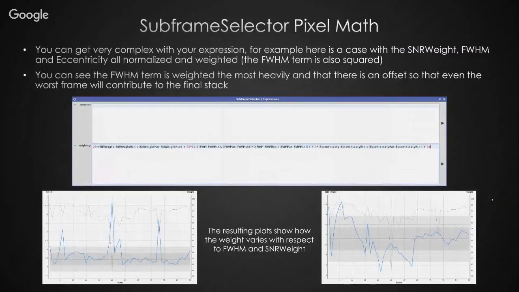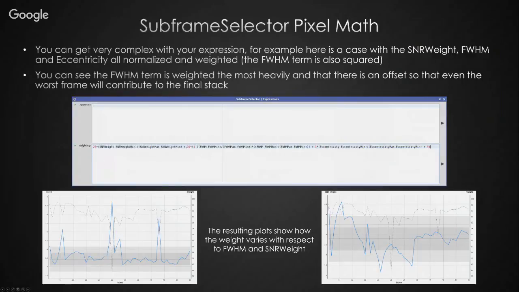This is just an example where I'm measuring the signal to noise ratio weight, the full width half maximum, and the eccentricity of the image, and using that to create a scoring for my data set. The weight for the signal to noise ratio is 20.